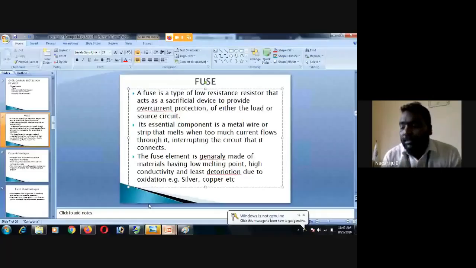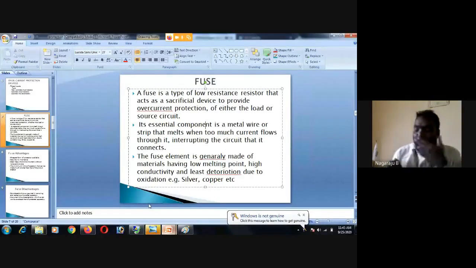For selecting the fuse, you need to know whether the system is overhead or underground, whether it has a delta connection or star connection, whether it has specific types of voltages, the maximum allowable fault current, and the X by R ratio.